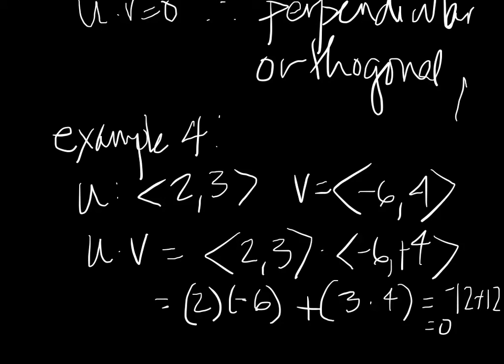And since the dot product, when I multiply the two vectors, is 0, that means that they're perpendicular.